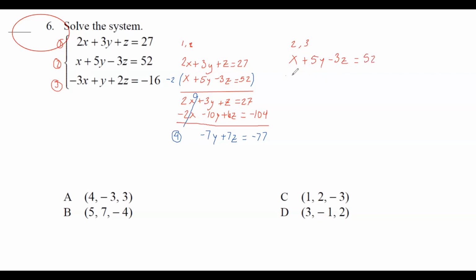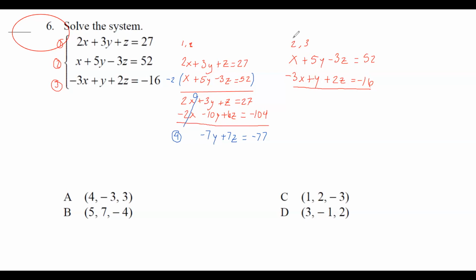Number 3 is negative 3x plus y plus 2z equals negative 16. What variable do we have to eliminate? We have to eliminate x, because we eliminated x in the first combination of equations.